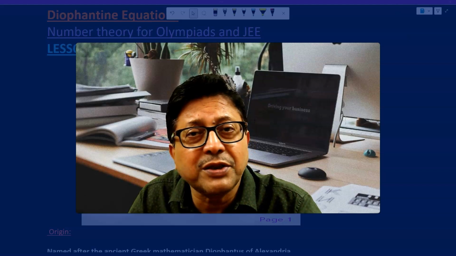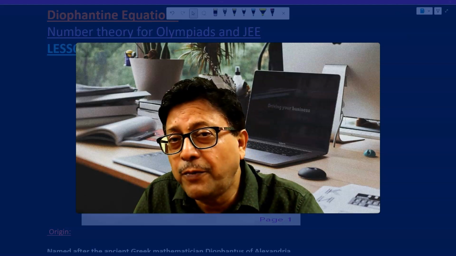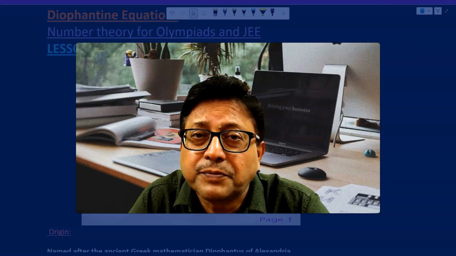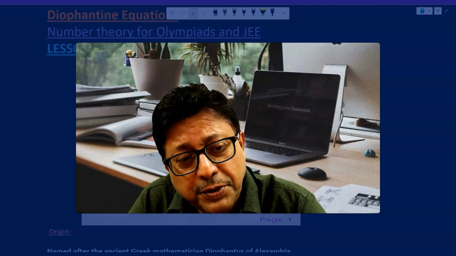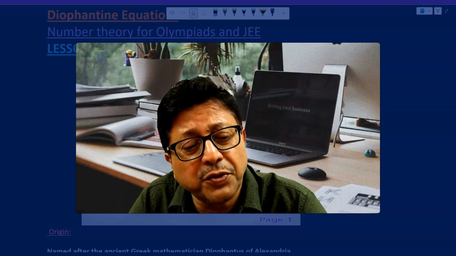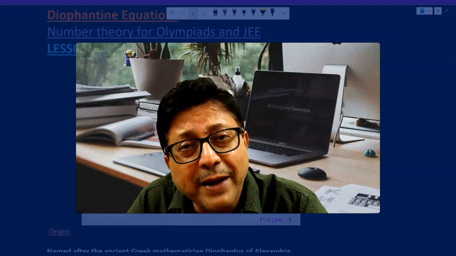This I showed you by solving a few examples. I hope all of you remember. If the GCD of two integers is equal to 1, this implies that they are co-prime numbers.